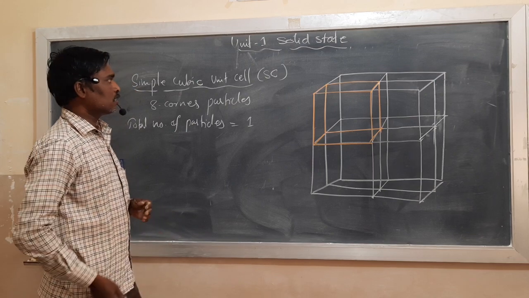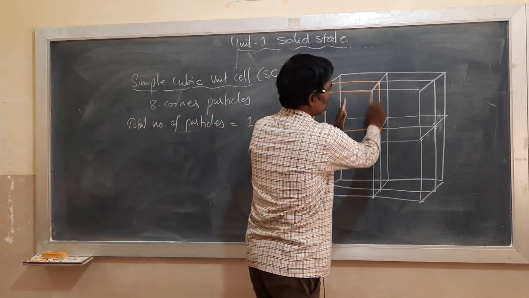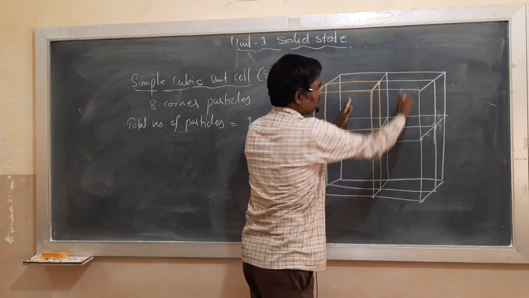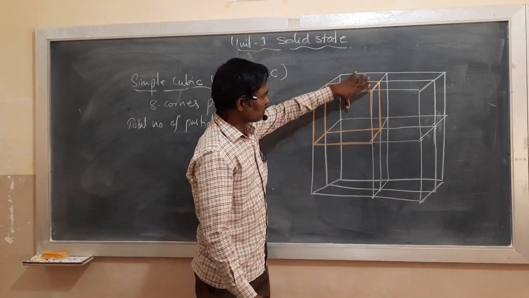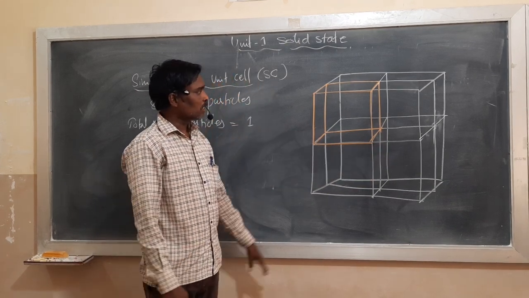This is one unit cell. Behind this there is another one. So beside this there is one. So behind that another one. There are 4 unit cells above and there are 4 unit cells below, which are in touch with that particular unit cell.